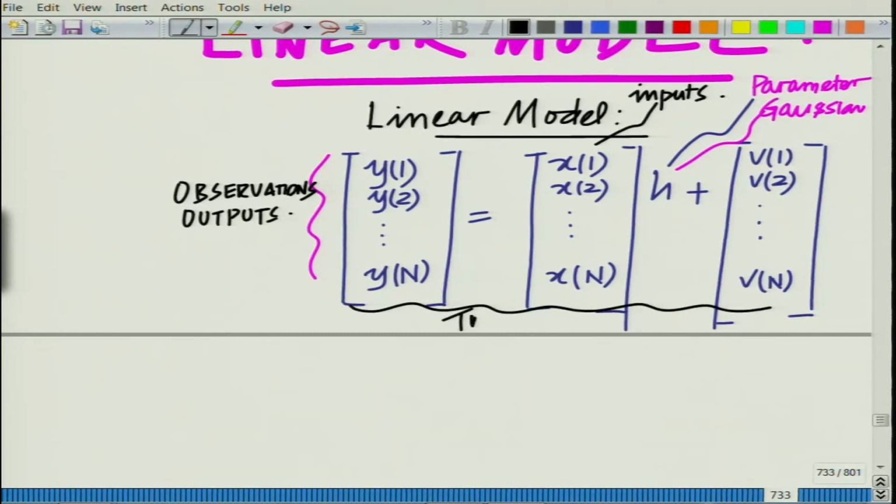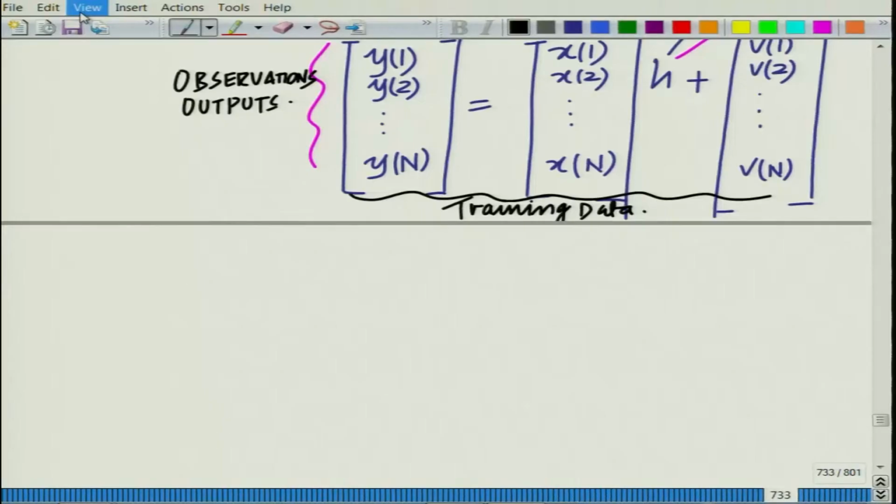Basically, this is your training data in your learning problem, in your machine learning problem. And so you can write this in a compact fashion: y bar equals x bar h plus v bar, where, of course, as we have seen, this is an n dimensional vector, n cross 1.